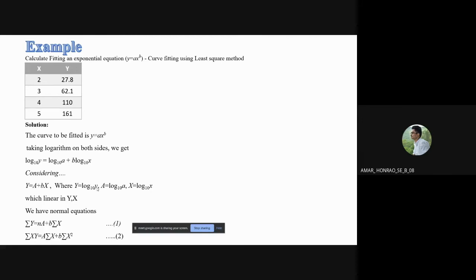We obtain the solution by taking logarithm on both sides. By taking log on both sides, we consider capital Y equals log y, capital A equals log a, and capital X equals log x. Then we use the normal equations, that is summation of Y equals n into A plus b into summation of X, and summation of X into Y equals A into summation of X plus b into summation of X square.